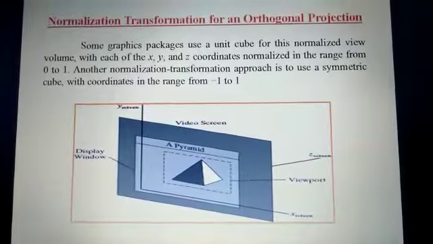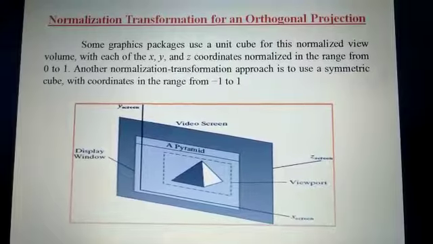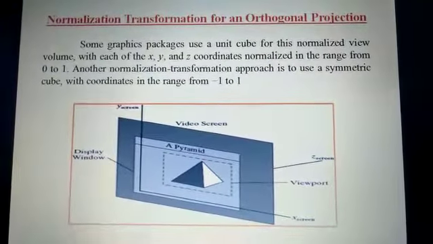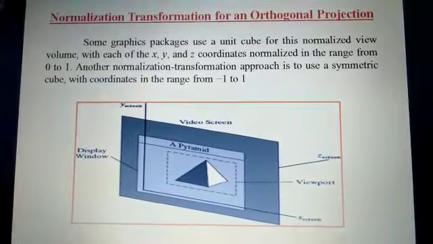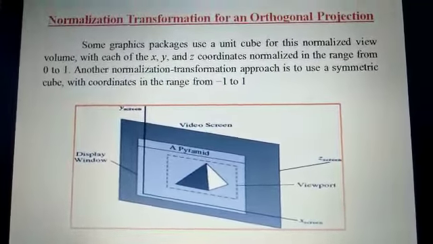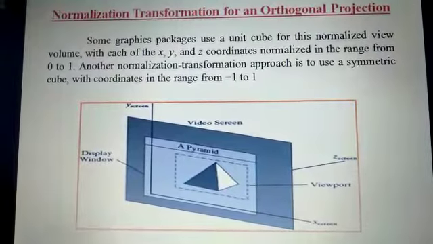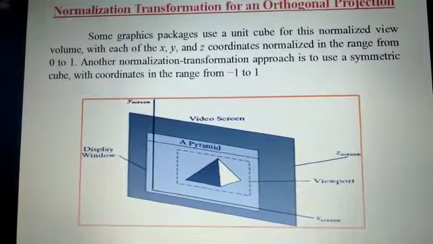Normalization transformation for an orthogonal projection. Once we have established the limits for the view volume, coordinate descriptions inside the rectangular parallelepiped are the projection coordinates, and they can be mapped into a normalized view volume without any further projection processing.